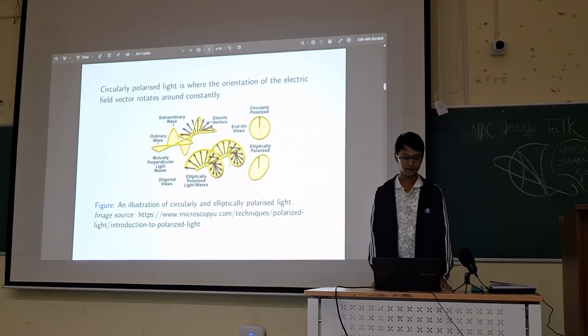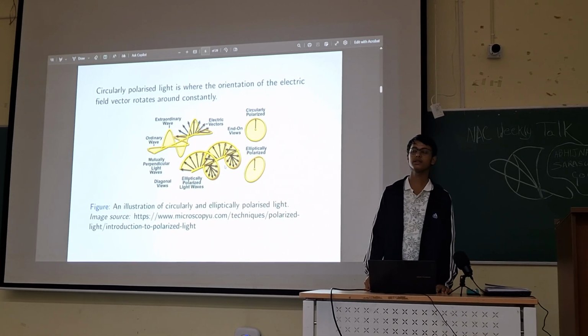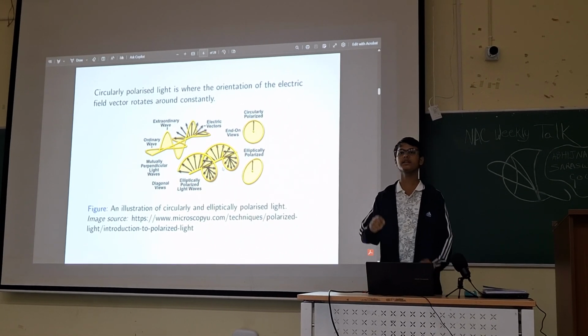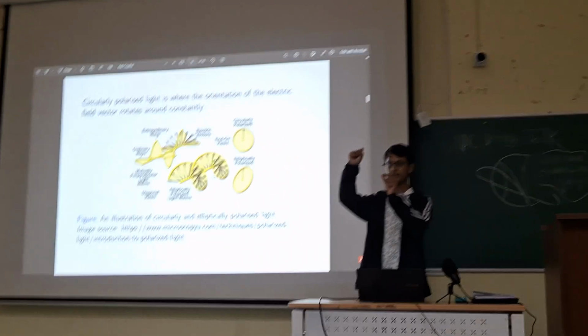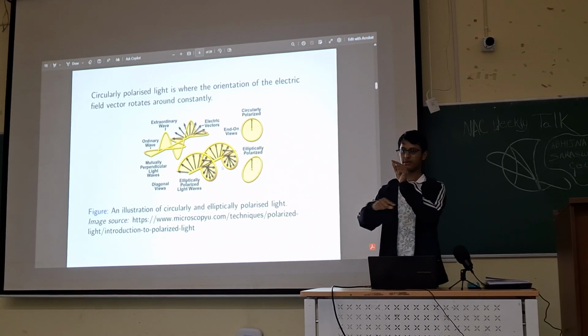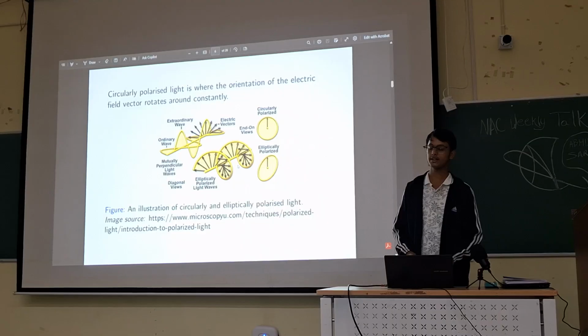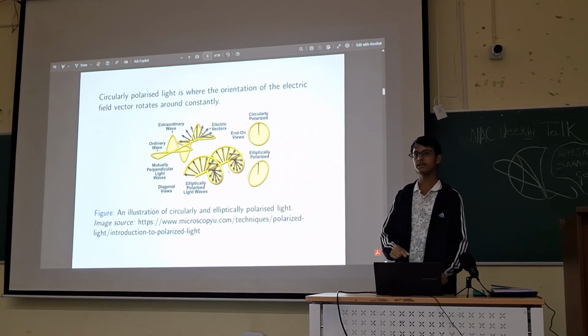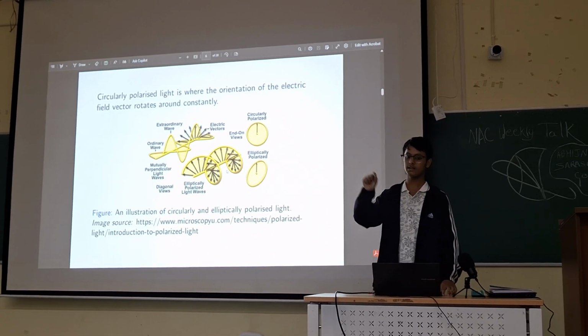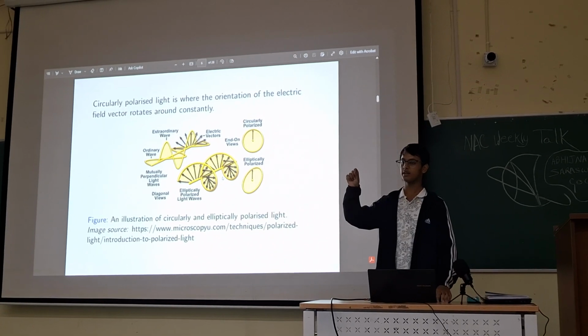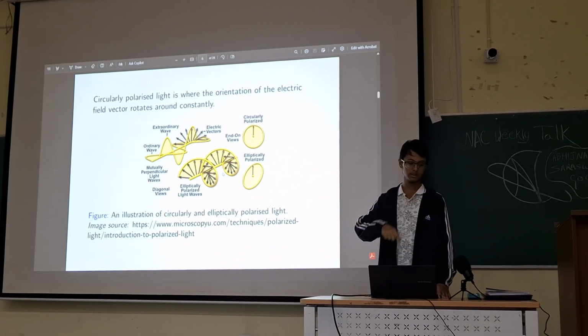Next, we look into what circularly polarized light is. Circularly polarized light is where the electric field vector is rotating around in a circular fashion. In plane polarized light, the electric field vector oscillates in a straight line, but in circularly polarized light, it moves in a circular fashion.